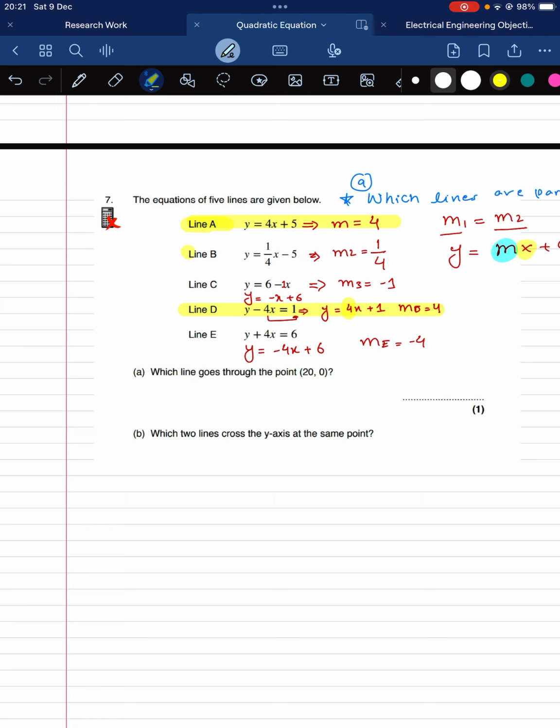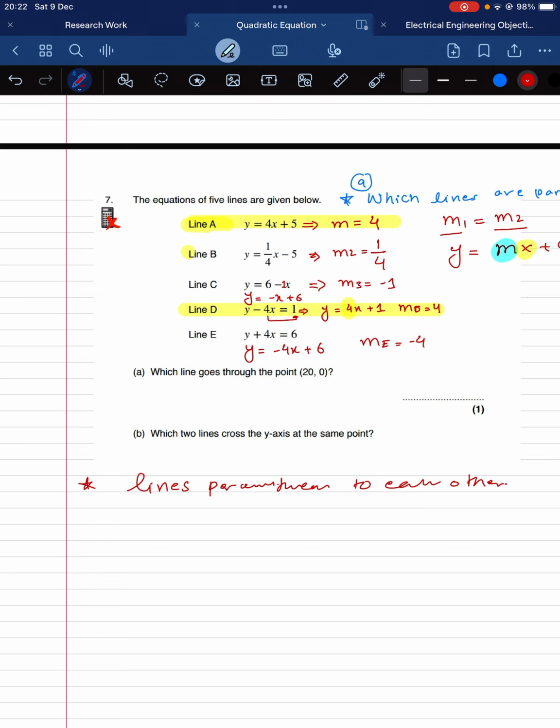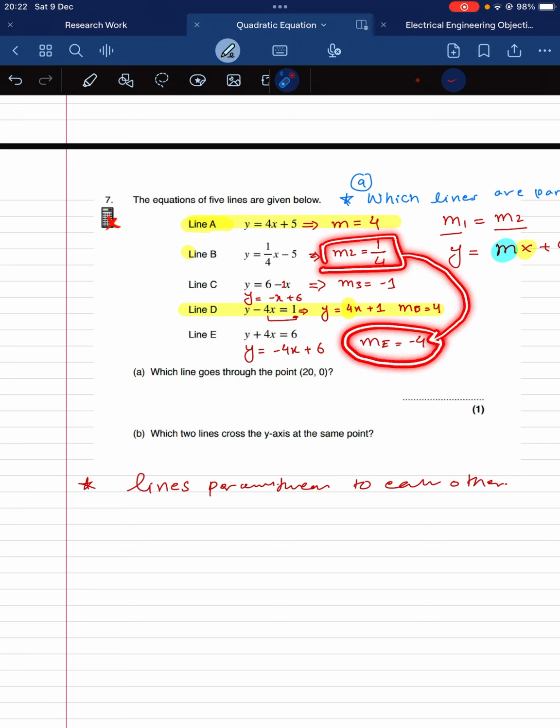Let's say, do we have any two lines which are perpendicular to each other? Now we have to figure out which two lines are perpendicular. This is 1 by 4, and the negative reciprocal of 1 by 4 is minus 4.